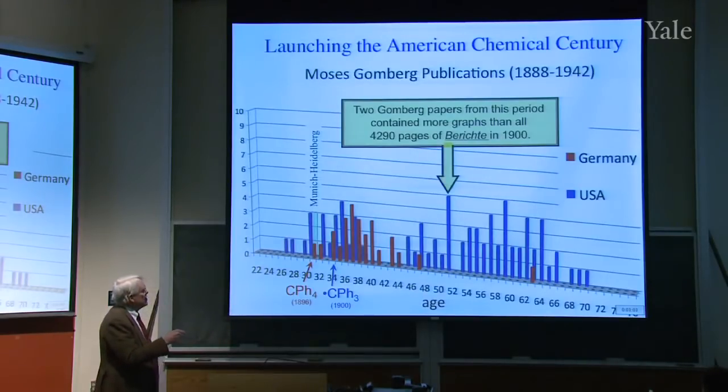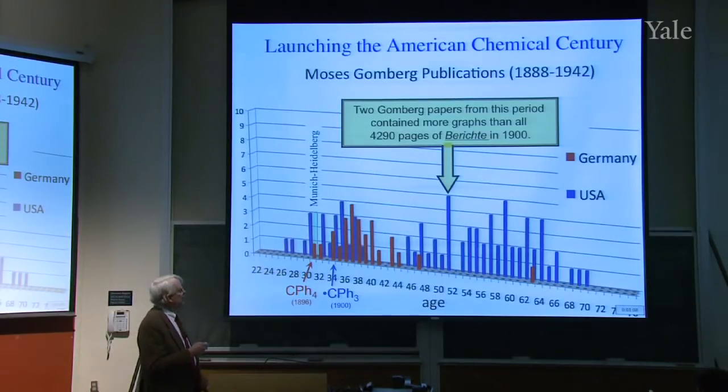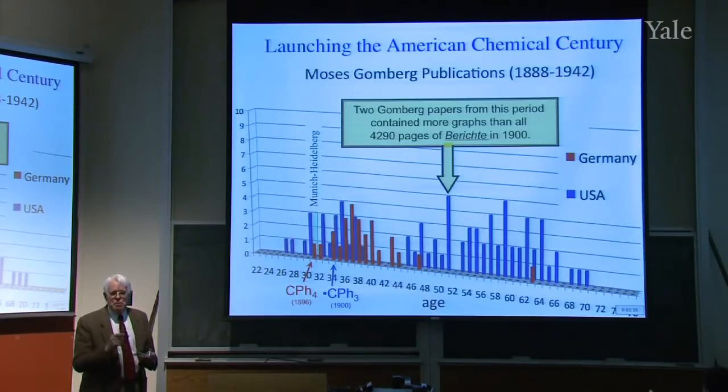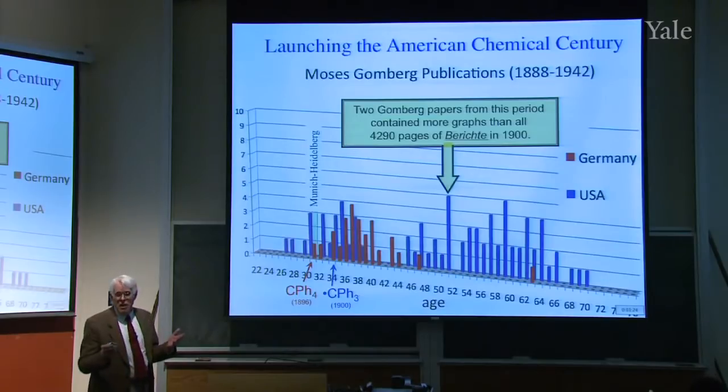And incidentally, one other thing about it is the big German journal for organic chemistry was Berichte der Deutschen Chemischen Gesellschaft, the reports of the German Chemical Society. And in 1900, there were 4,290 pages, and I leafed through them to see how many graphs there were, how many quantitative things were being discussed. This was mainly a journal of organic chemistry, and there were very, very few graphs.